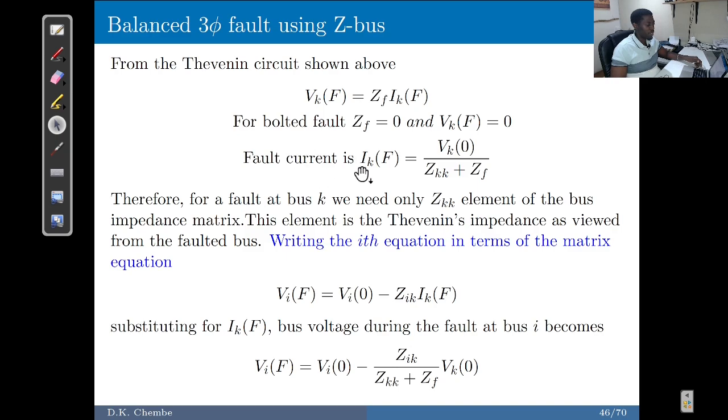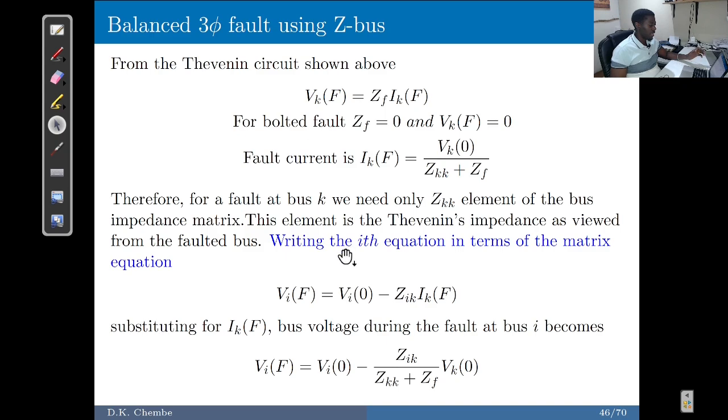And the fault current IKF is going to be equal to VK0 over the sum of the impedances, which is the fault impedance ZF plus the impedance Zkk at bus K. So for the fault at bus K, we only need the Zkk element of the bus impedance matrix.